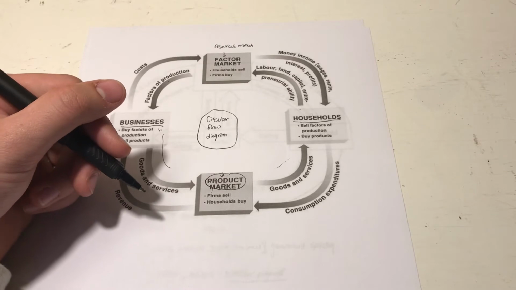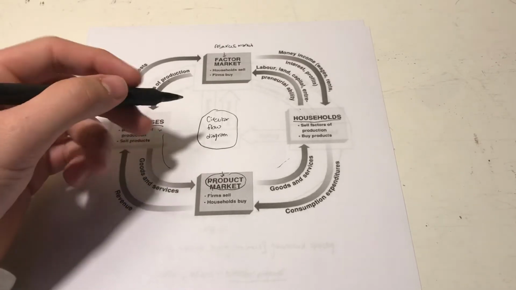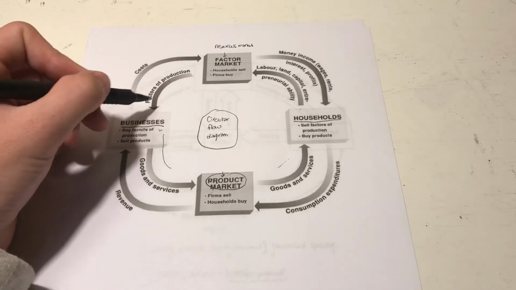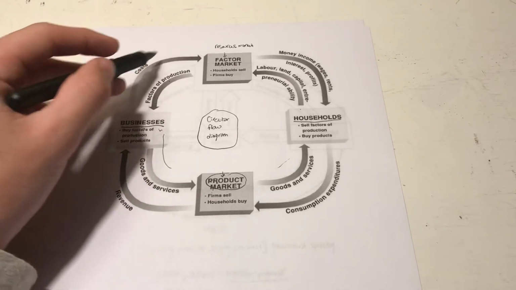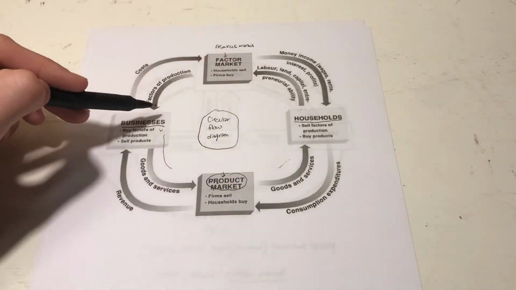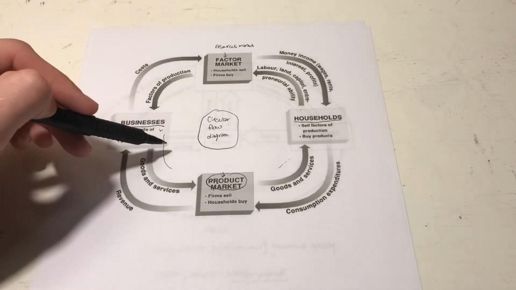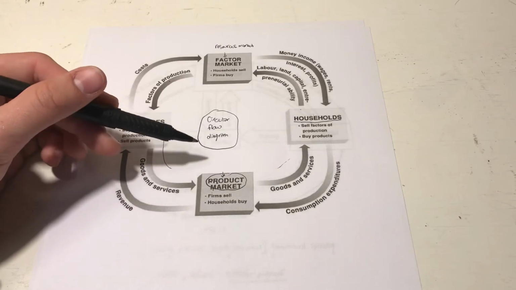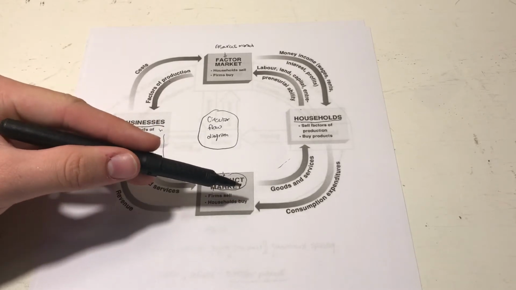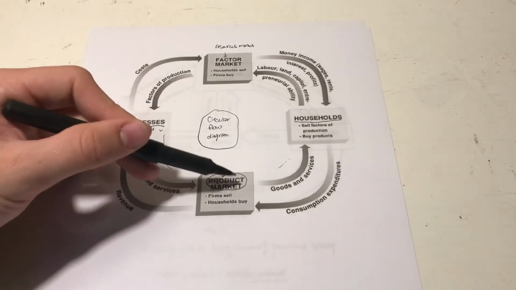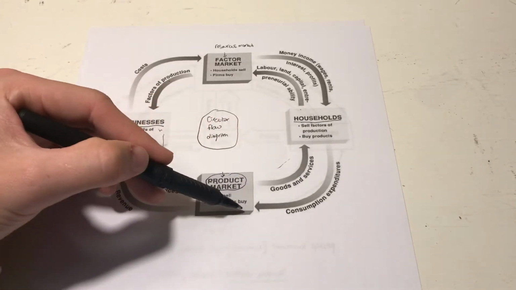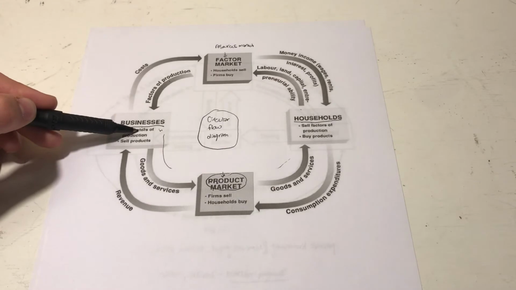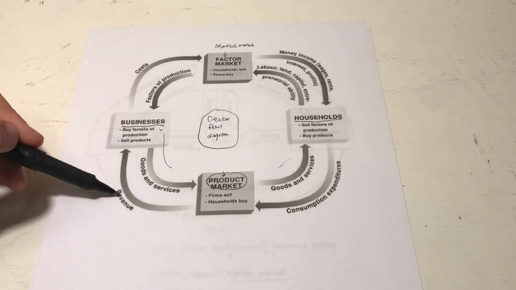So now we know that, I'm going to explain the role of money. So money goes the opposite way. As you see this top line, it goes the opposite way from the flow diagram, and basically says when you buy your product in the product market, you pay money for it. You have to pay money, which is called consumer spending, and the money goes to businesses, and they call it revenue.